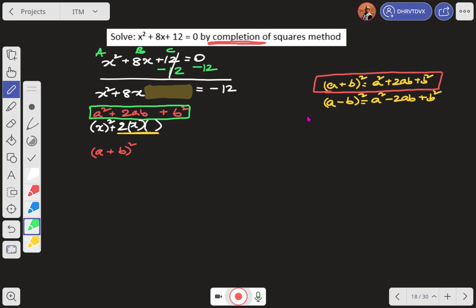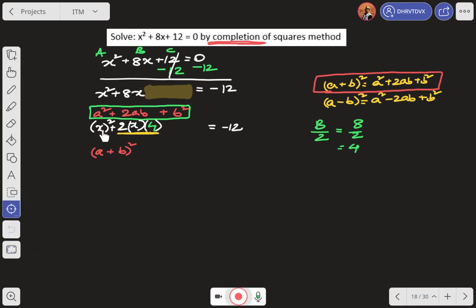So you may remember that to get this value, you take b over 2, which is here 8 over 2. Don't worry about the sign. So this is 4. Let me fill 4 here. Then equal to negative 12. Let me copy that.